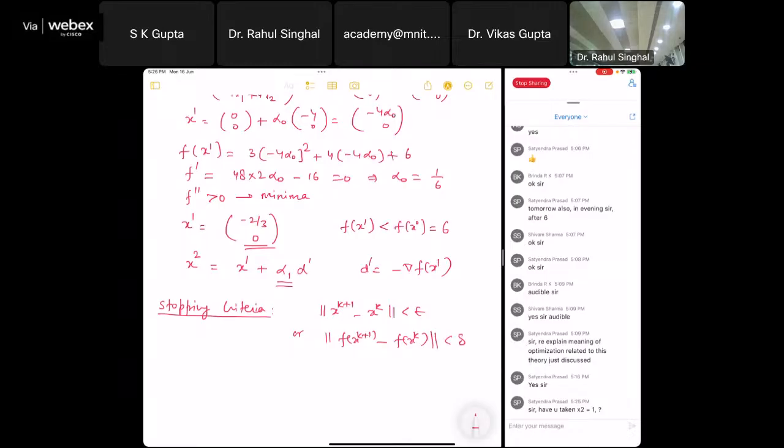I mean, the value of f at two consecutive iterations should differ by less than some delta. Delta, they give as suppose 0.1 or 0.01, and when you achieve this target, you stop there.